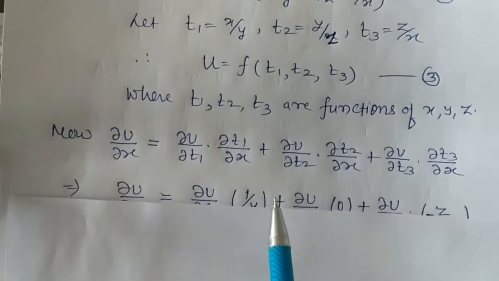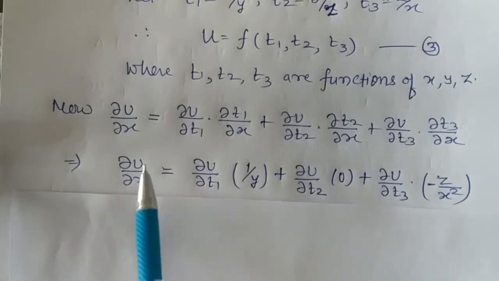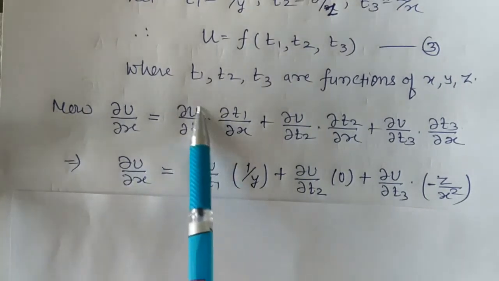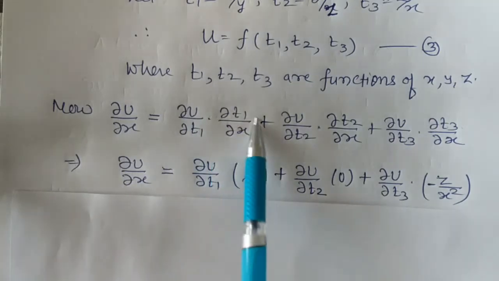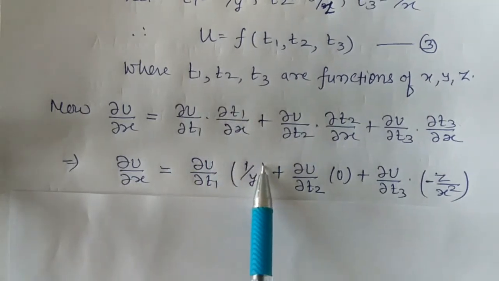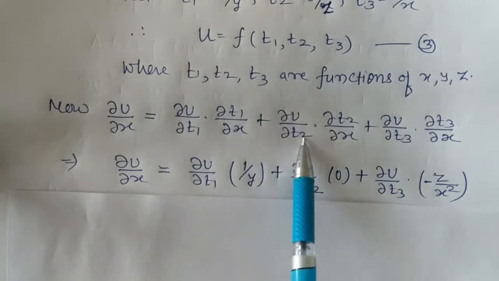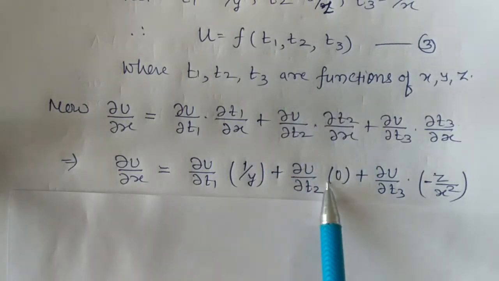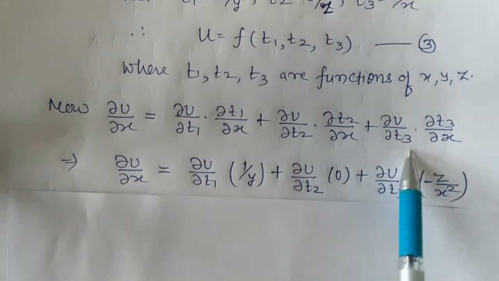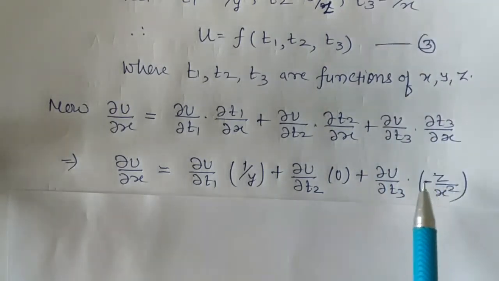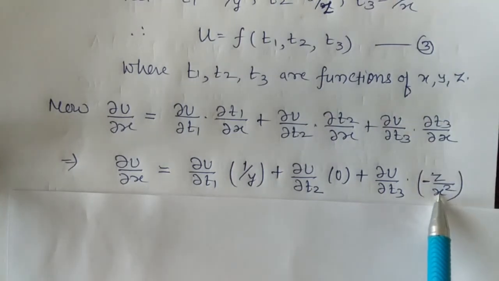So putting the values, we get del u by del x is equal to del u by del t1 into del t1 by del x, which is 1 by y, plus del u by del t2 into del t2 by del x, which is 0, plus del u by del t3 into del t3 by del x, which is minus z by x square.